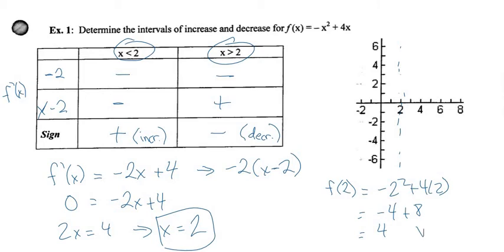So we have a vertex at (2, 4). We can graph that, and we know it's increasing going to the left of it, so something like this, and decreasing to the other side.